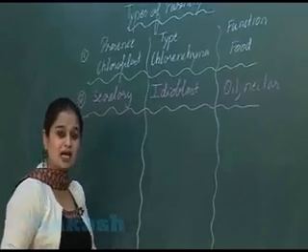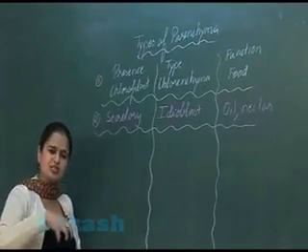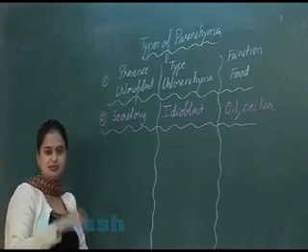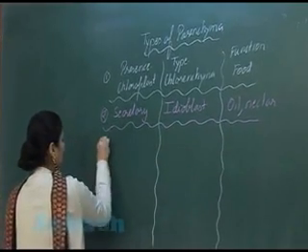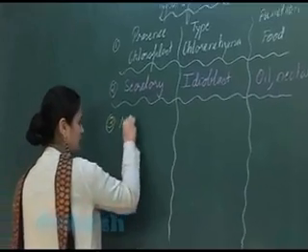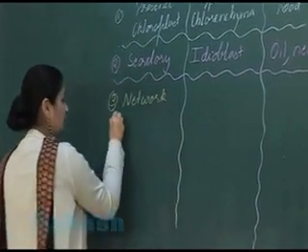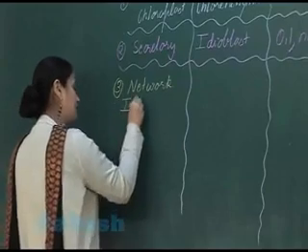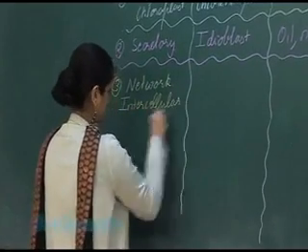Sometimes the parenchyma forms a network of cells, and in this network there is presence of abundant intercellular spaces.